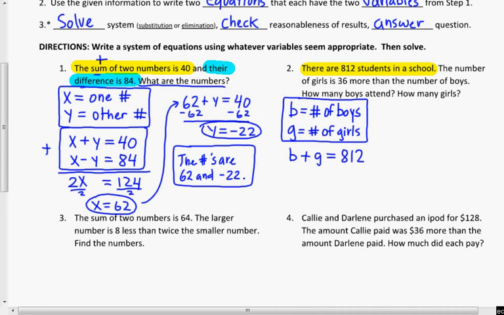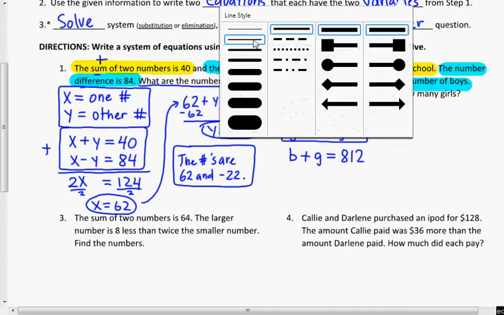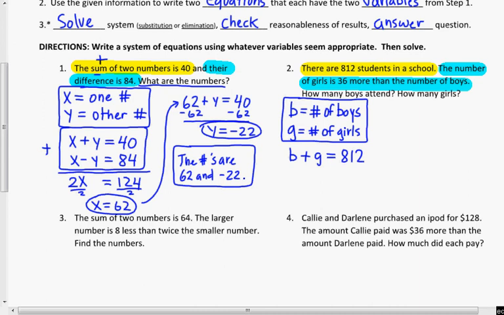The second sentence says the number of girls is 36 more than the number of boys. There are a lot of different ways that you could interpret that sentence to make an equation, but the most literal interpretation would be this: G, the number of girls, equals 36 more than the number of boys.